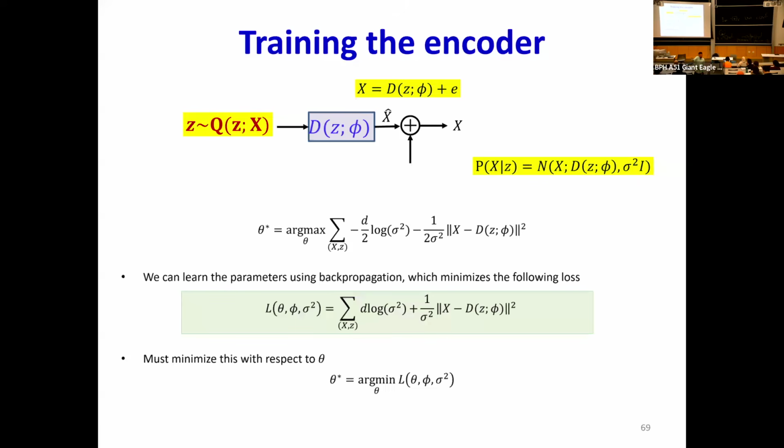I'm trying to learn the encoder so that when I sample from the distribution computed by the encoder, and I pass those samples through the decoder, it looks like a face. So the way I will do it, I'm going to draw these samples, pass them through the decoder, compare to my face. I have an objective, which is the error between what the decoder produces and the real face. I'm going to backpropagate it to fix my encoder. The specific loss that I chose over here is the negative log likelihood. You could choose something else. That principle makes sense to everybody?